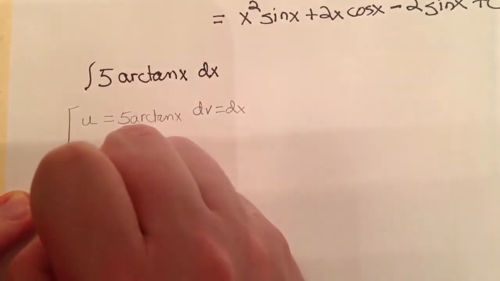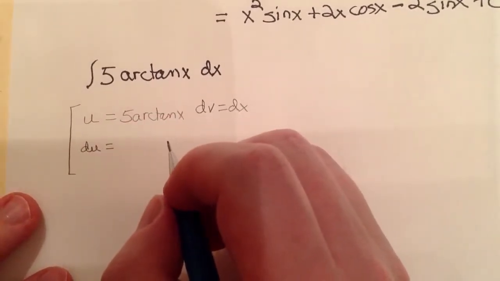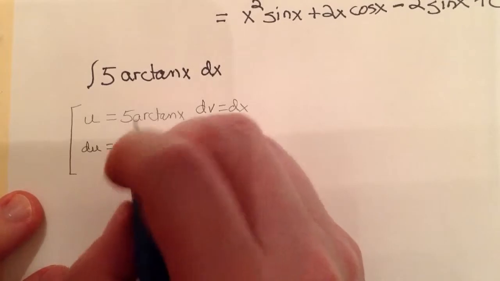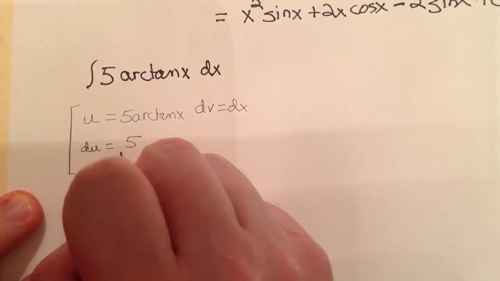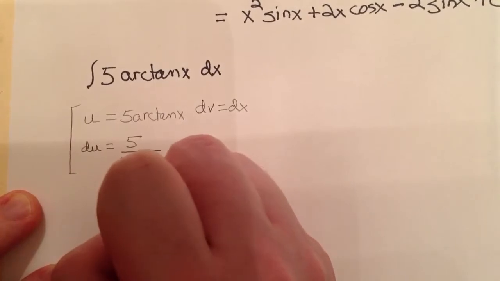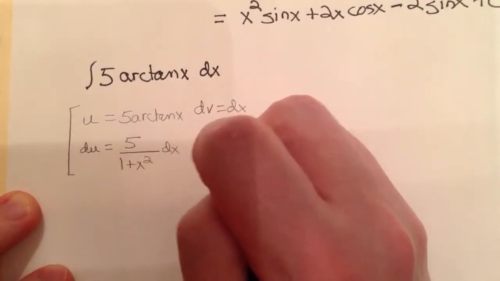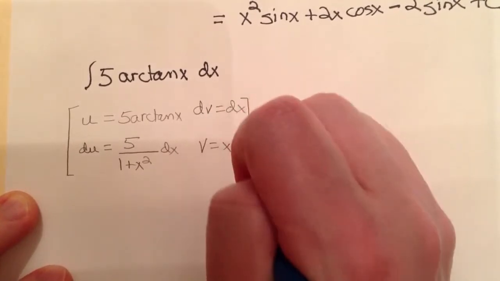With the differentials, the derivative of arctangent of x is the reciprocal of 1 plus x squared, and 5 times this, we have for du, 5 over 1 plus x squared dx, and the antiderivative of dx is going to go to x.